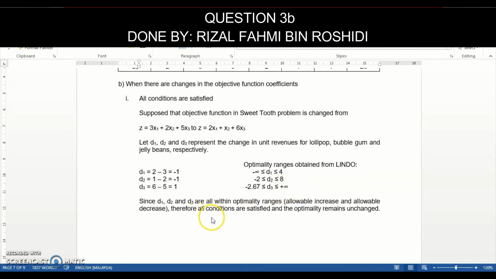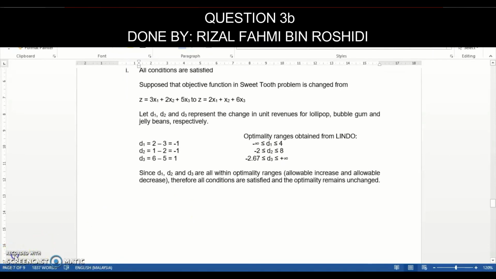So since the D1, D2 and D3 values are all within the optimality range, which is within the allowable increases and allowable decreases, we can conclude that all conditions are satisfied and the optimality will remain unchanged.